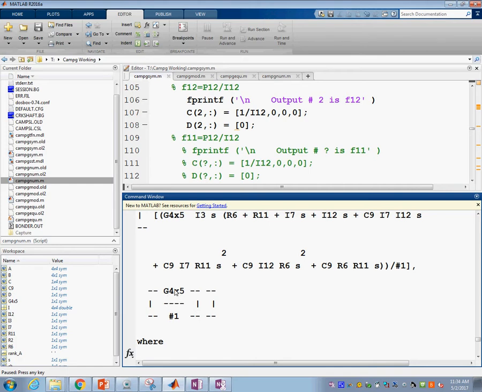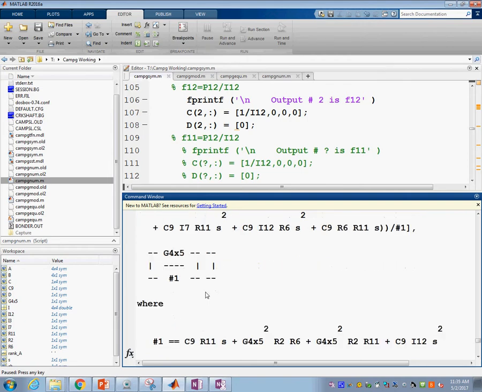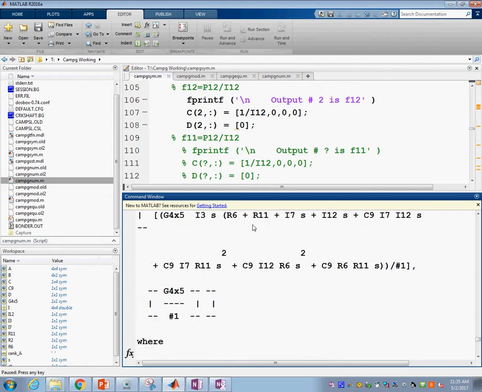In this case, we have two transfer functions, right? Because we have two outputs and one input. And so the first transfer function is here, symbolically. Then the second transfer function is right here.